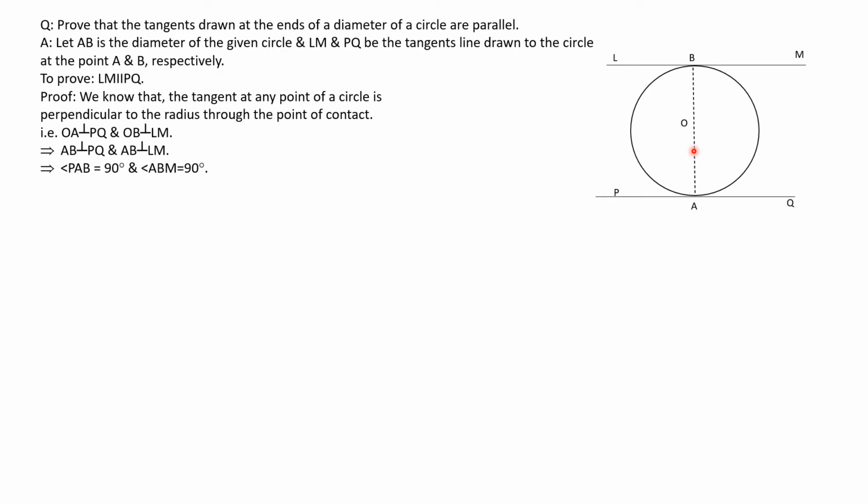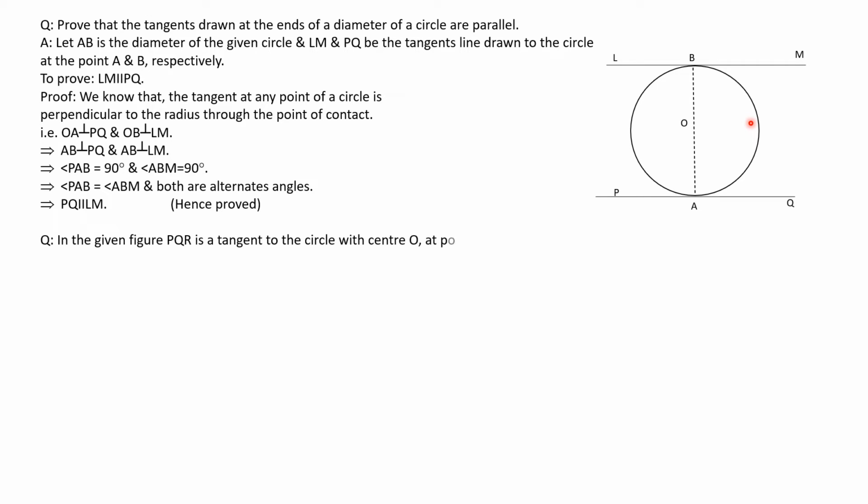This implies angle PAB and angle ABM equal 90 degrees. They both are equal to 90 degrees, but these two angles are nothing but the alternate angles. This implies angle PAB equals angle ABM, both alternate angles. So this implies PQ is parallel to LM, hence proved.